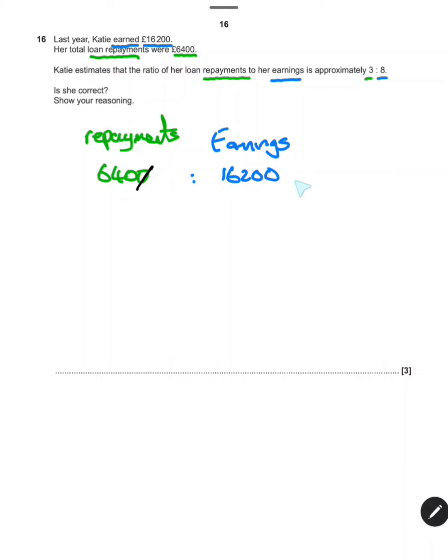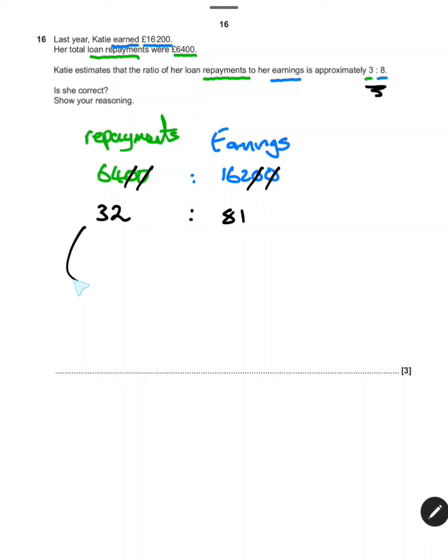Straight away we can swipe off these zeros, just dividing by 10 and dividing by 10 again. We've got 64 to 162 now. We can half both of these because they're even numbers. So we get 32. Half of 160 is 80. So half of 162 is 81. These look quite nice compared to what we're trying to confirm.